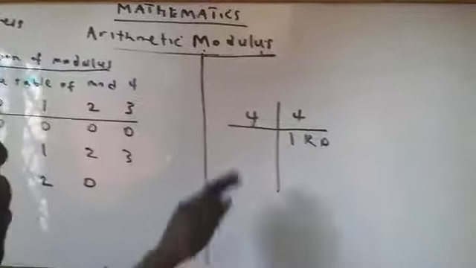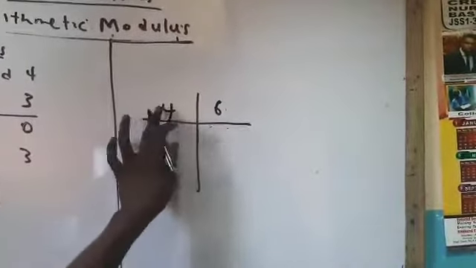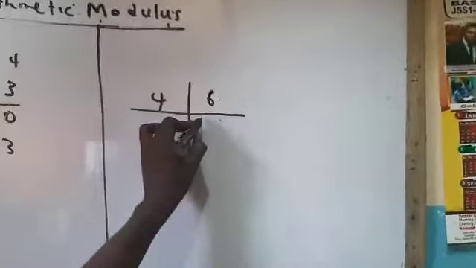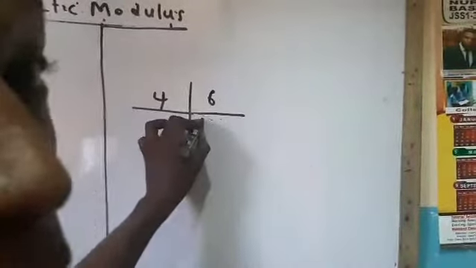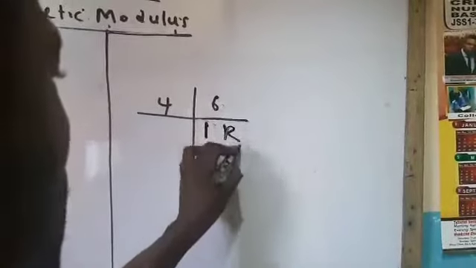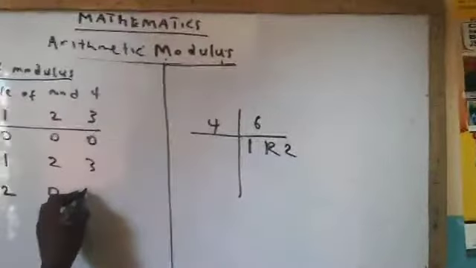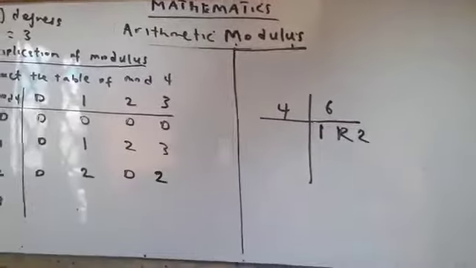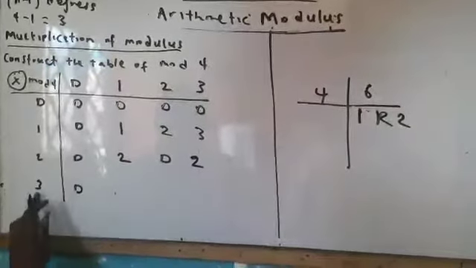Now, the other one, 2 times 3 is 6. So I'll put here 6. 4 in 6, that's 1, remainder 2. I'll take my remainder. Here becomes 2. Now, this one is 0.